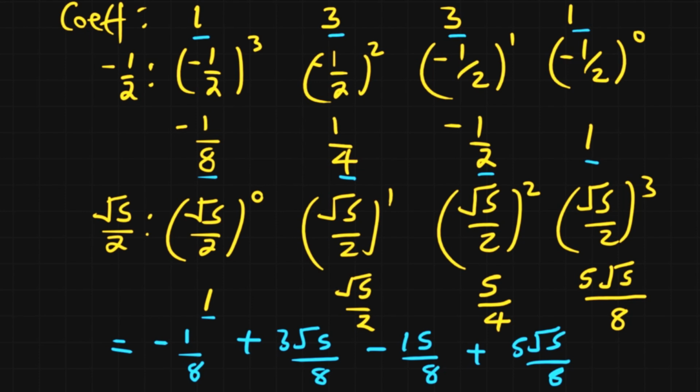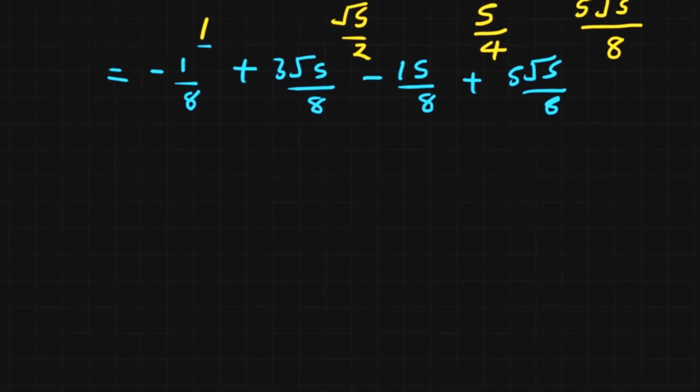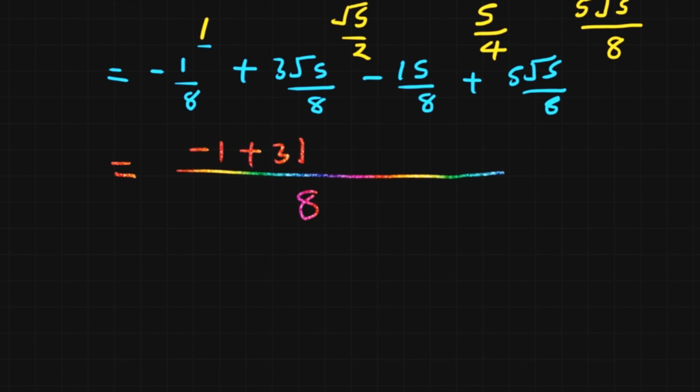So as you can see, everything here is over 8. So it means we can write these with an LCM of 8. So that we have 8 over everything that is minus 1 plus 3 root 5 minus 15 plus 5 root 5.